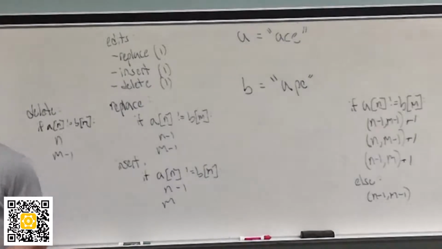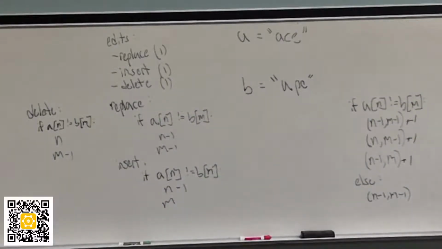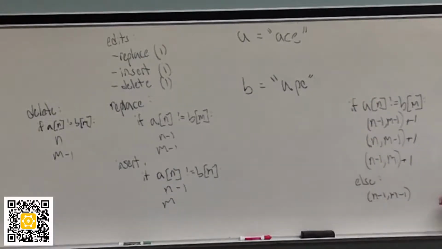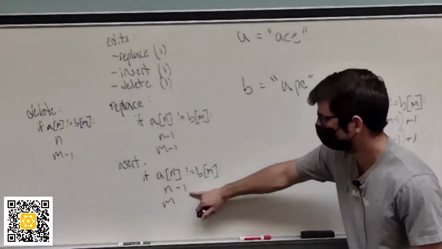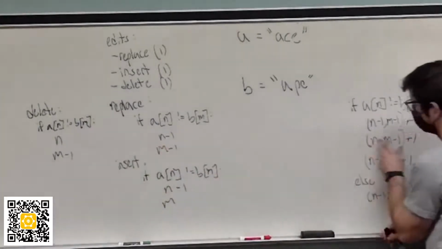Demba, out of those 3, which one is the delete and which one is the insert? So the delete and the insert, in this case, we don't really know which ones we're converting from one to the other. Well, I guess here we do know, because we're doing these. So the insert is going to be this one, and the delete is going to be this one.